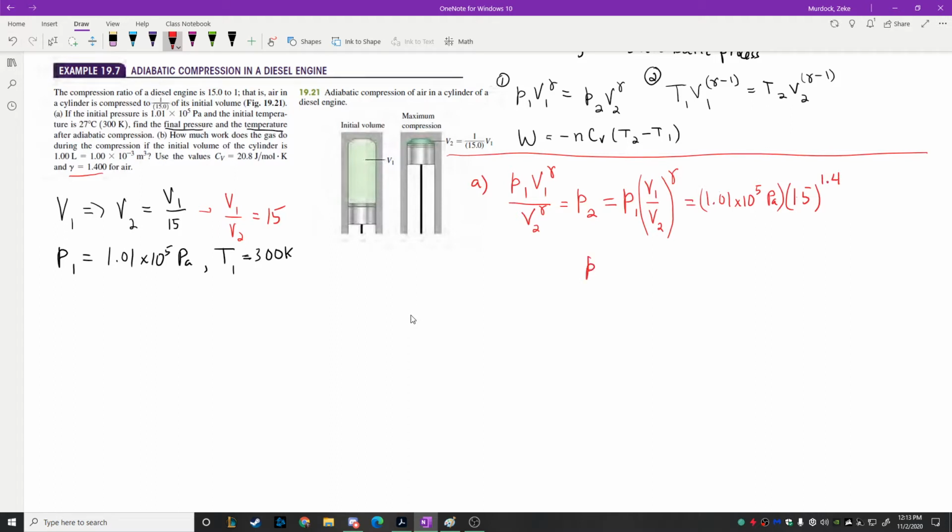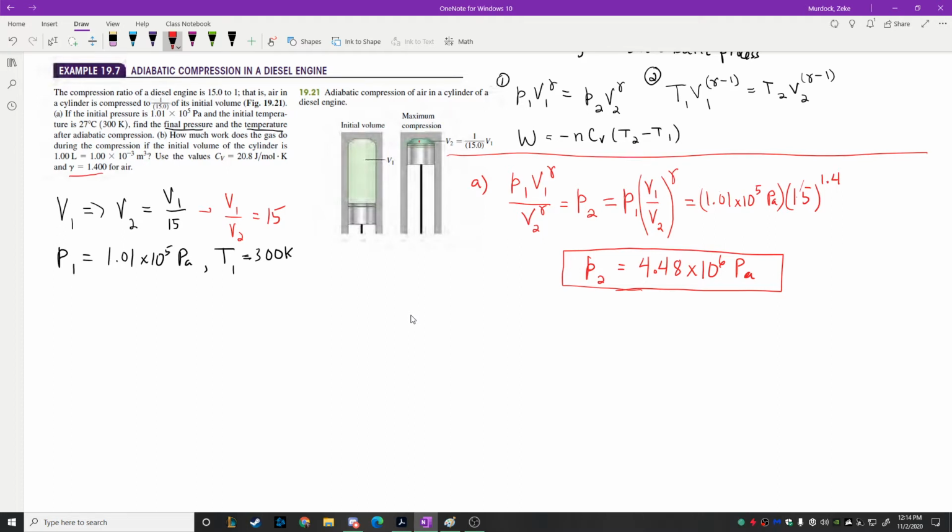So we end up getting pressure 2 is equal to about 4.48 times 10 to the 6 pascals. Okay. Any questions about that part? So that's the pressure here where the volume is decreased by quite a bit and the pressure increases by that amount, but it's increased by a little bit more than 15 times that amount with this exponent right here.